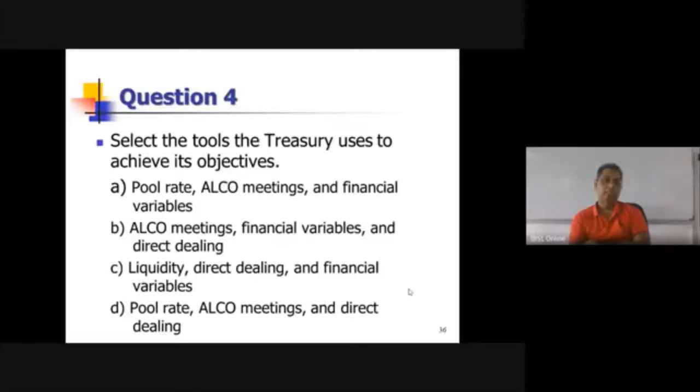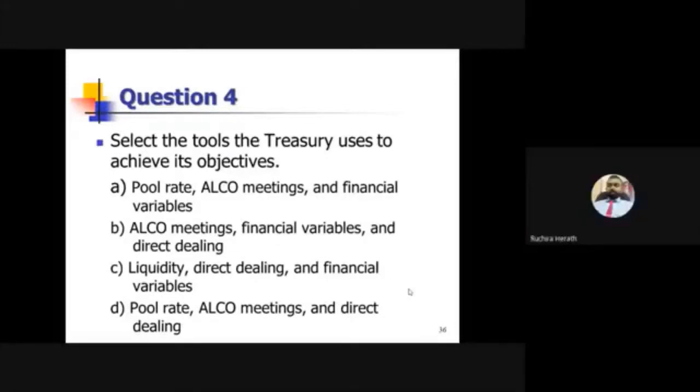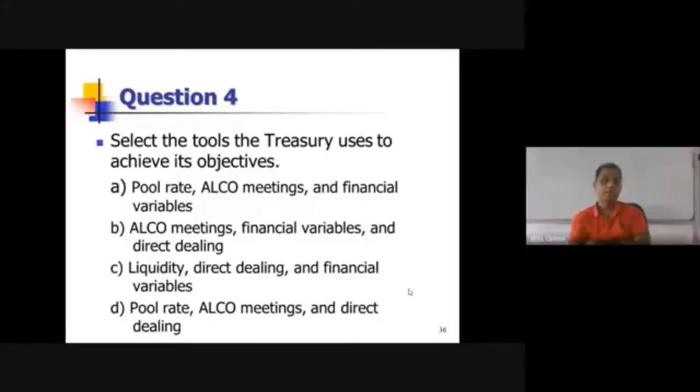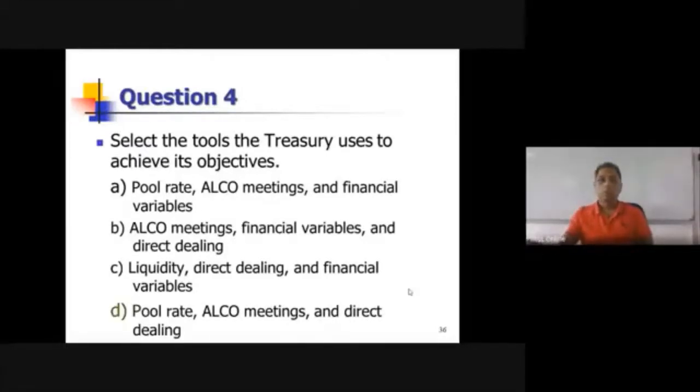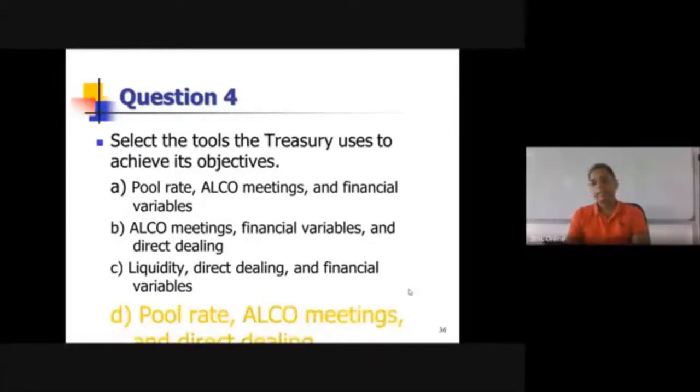Any guesses? D. Okay. Anybody else? We have D. Okay. It's correct. So the direct dealing will be where it goes out in the market and does interbank transactions basically to optimize the returns to the bank.